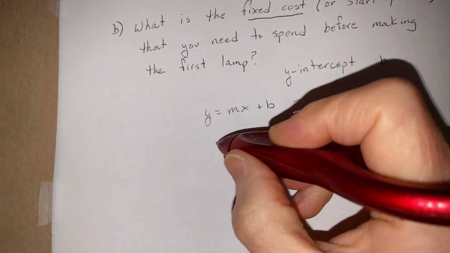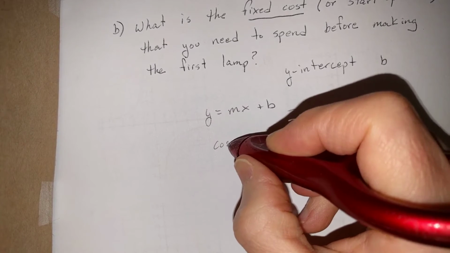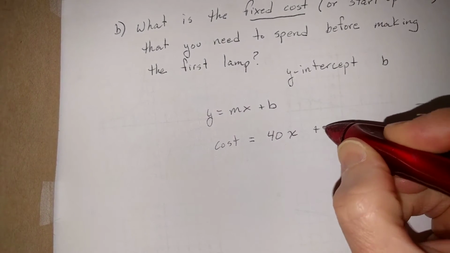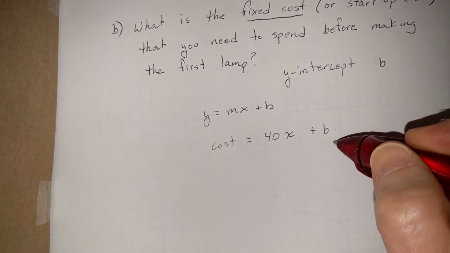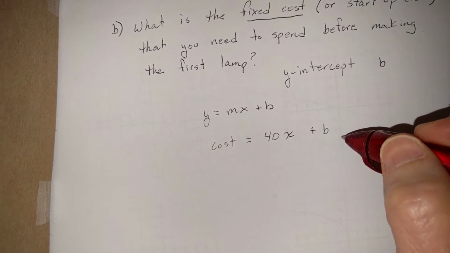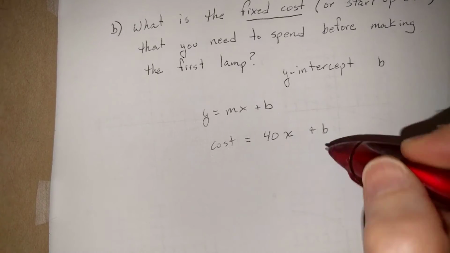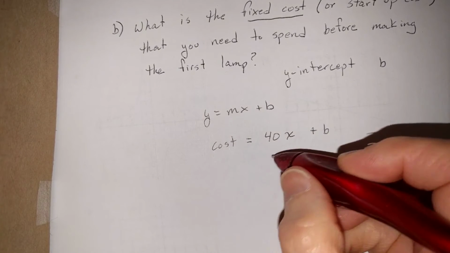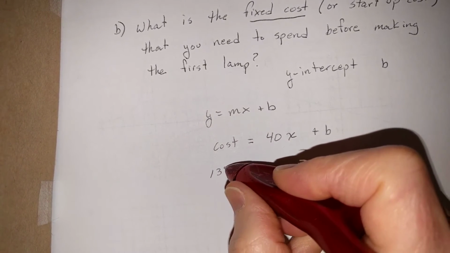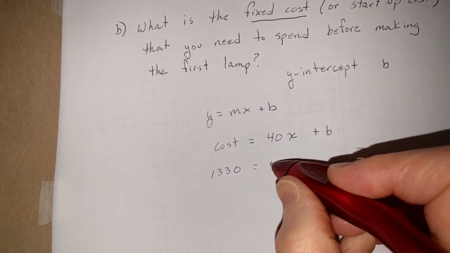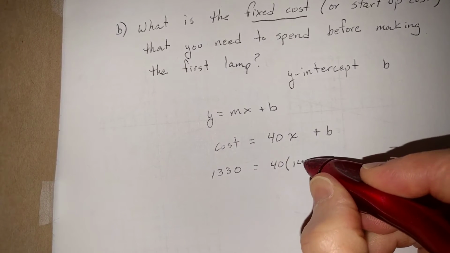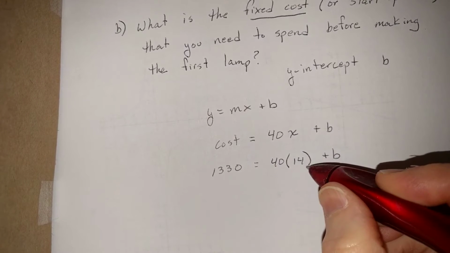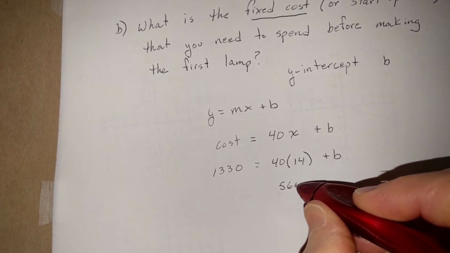So we have the cost equals our slope times x plus b. In order to find b, I need to use a point on my curve. So I'm going to use our first point, 14 and 1330. My cost is 1330 equals 40 times 14 plus b. 40 times 14 is 560.